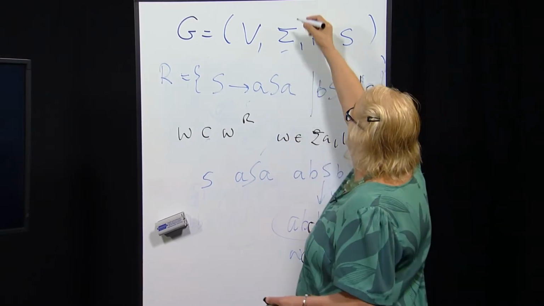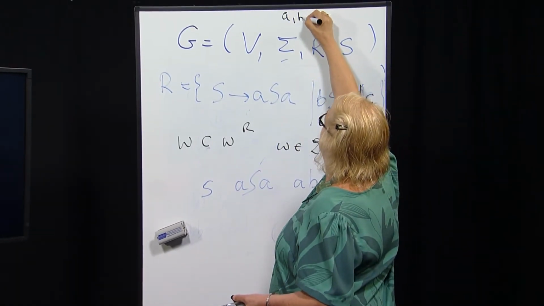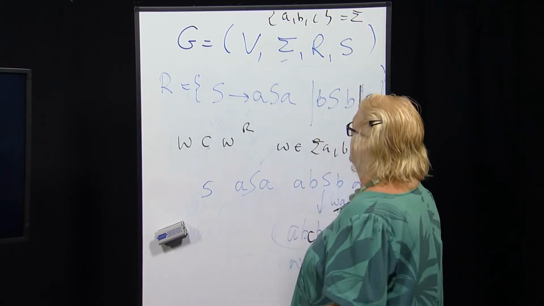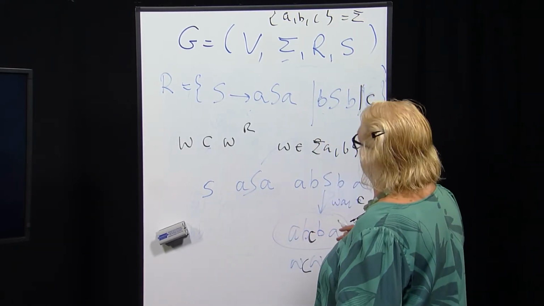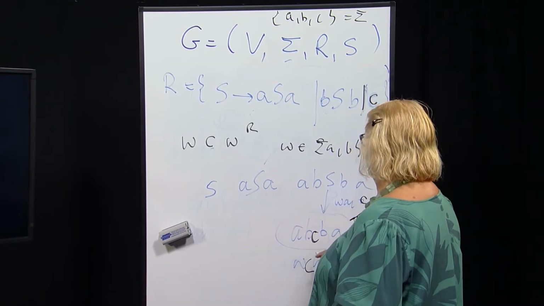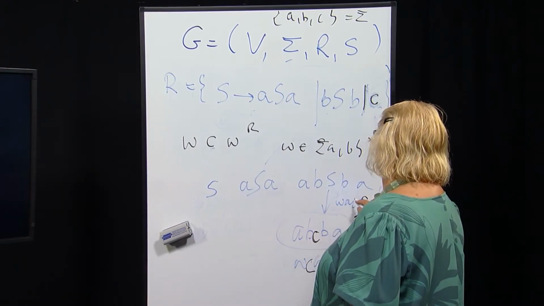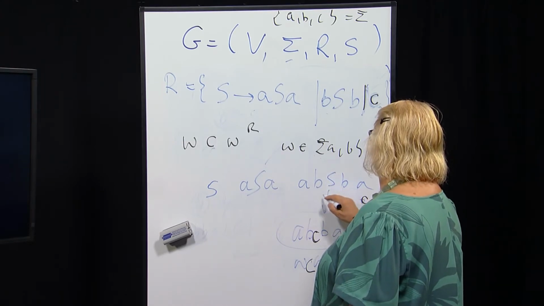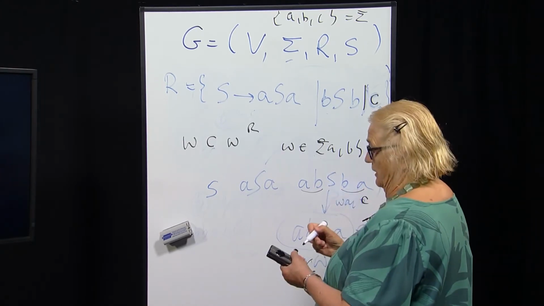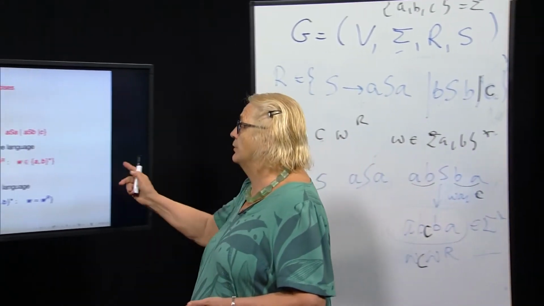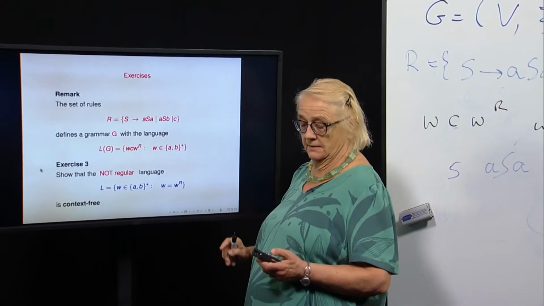So sigma now has A, B, C, and it produces the words W C W reverse, where W is in A, B star.